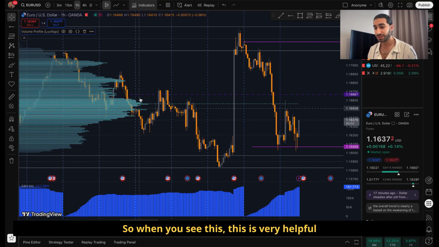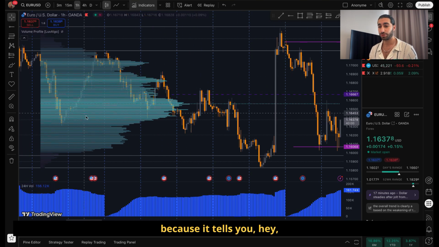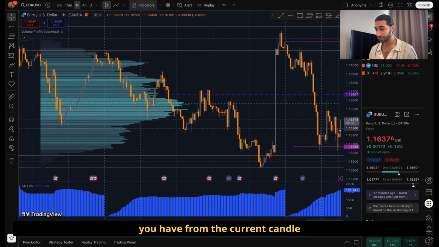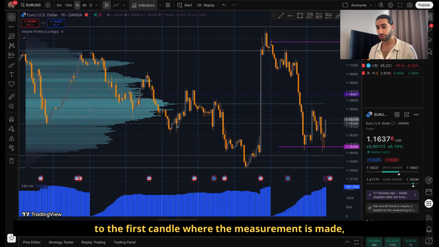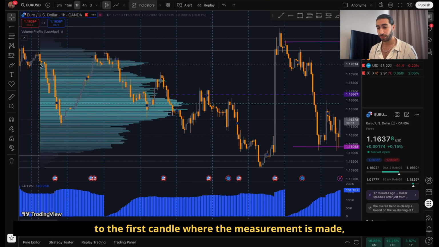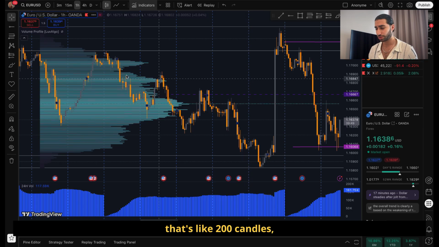So when you see this, this is very helpful because it tells you, hey, you have from the current candle to the first candle where the measurement is made, that's like 200 candles.